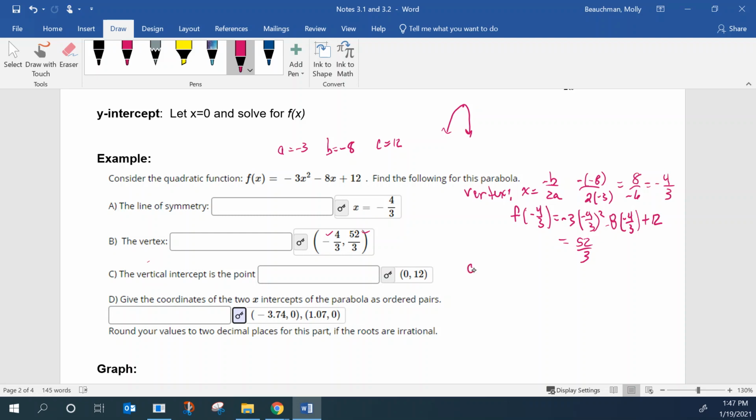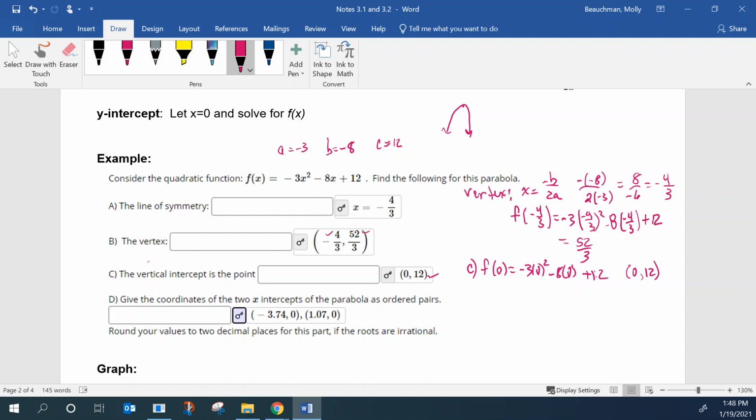That's part C. The vertical intercept means let x equal 0. If we put 0 into our function, we will eliminate both of the x terms and we'll be left with positive 12. So we end up with (0, 12) as our vertical intercept.